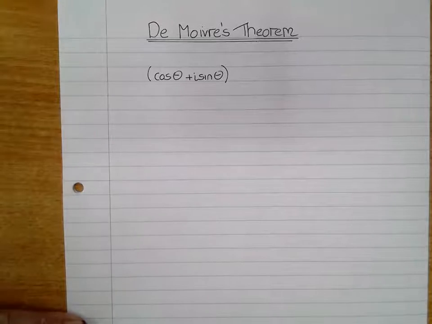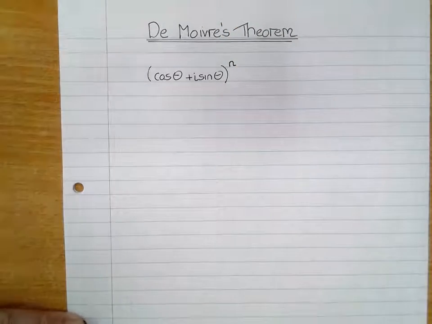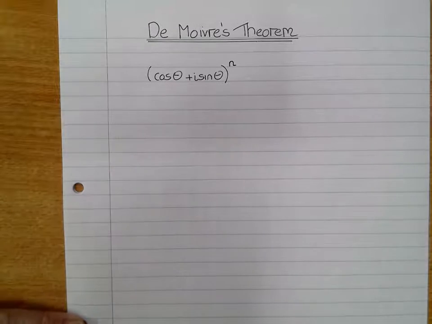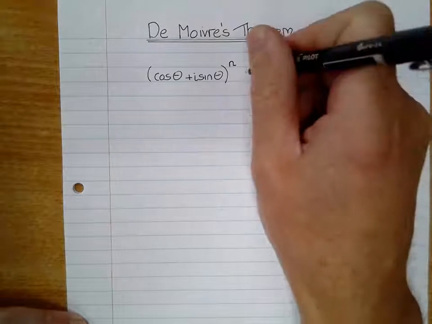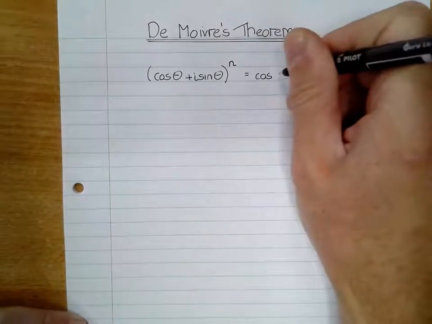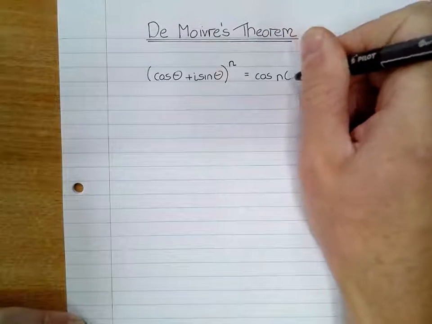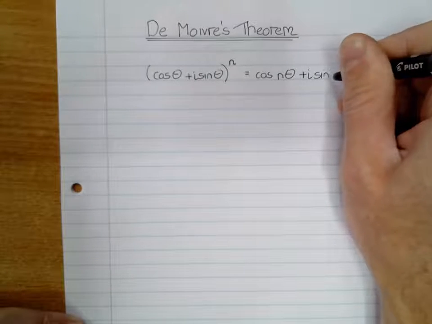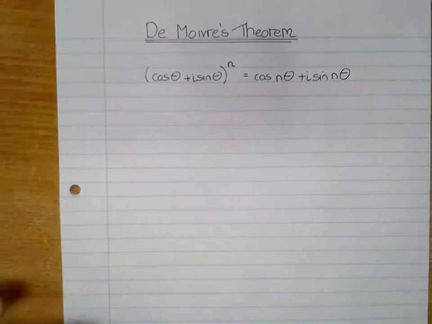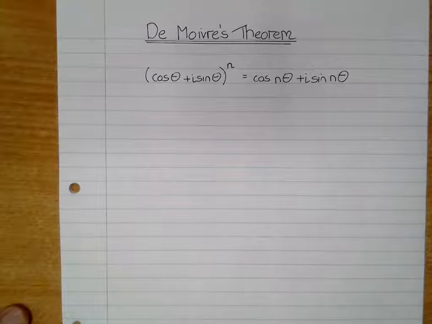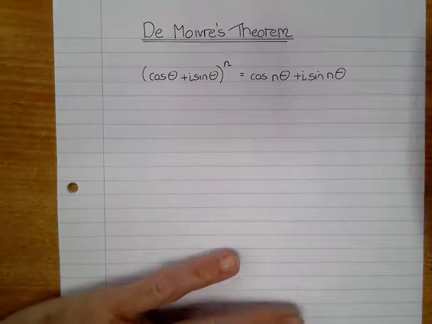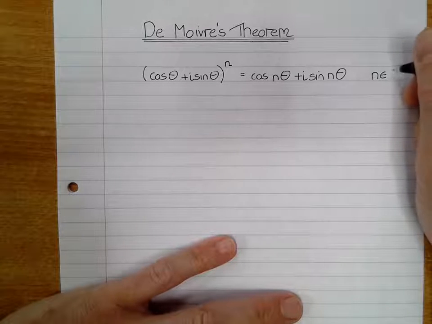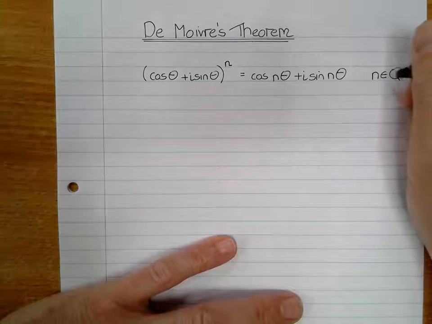Then if you raise it to the power of n, in other words, square it, cube it, whatever, then it turns out that (cos theta + i sin theta)^n is equal to cos n theta plus i sin n theta. And this is true for any value of n that belongs to the rational numbers Q.